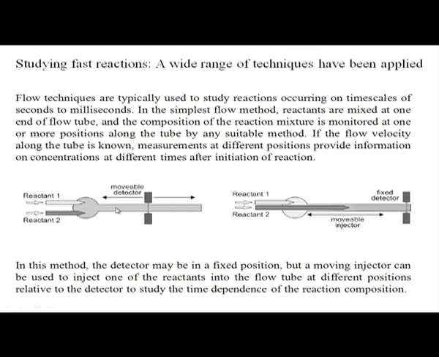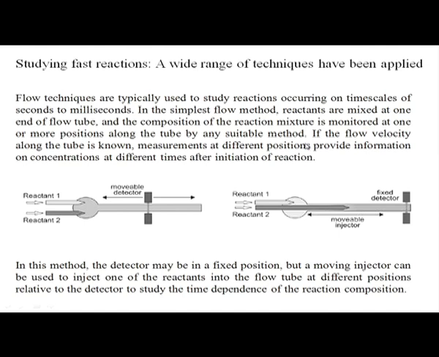Here the reaction mixture flows this way, so you can monitor the composition of your mixture by a movable detector. That is, the composition is monitored at one or more positions along the tube by any suitable detection method.